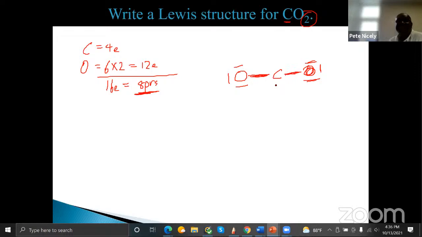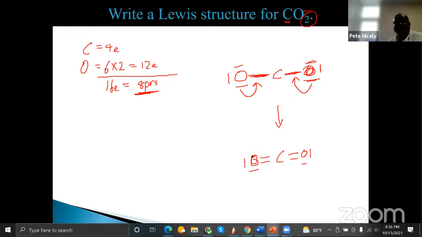So we need to get the carbon's octet satisfied. The way that happens is that this oxygen will donate its pair of electrons to form an extra bond right here. And the same thing will happen here. Therefore the resulting structure will be this: C double bond O, and then double bond O on the other side, and then you have those pairs as well.